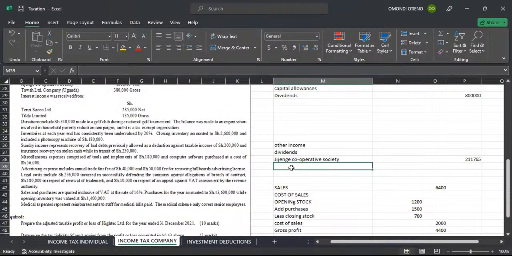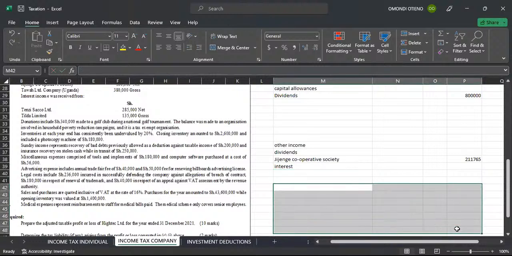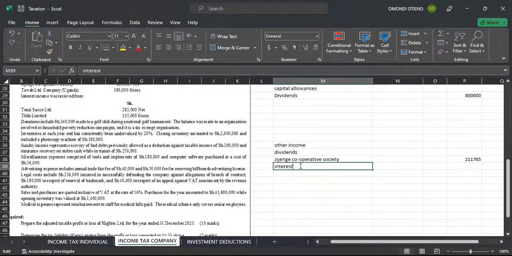Then we now move to interest. So the first item for interest, we have interest from Tenzi Sacco Limited given to us at net, then Tilda Limited 135,000 given at gross. So Tenzi Sacco Limited, interest from SACCOs.